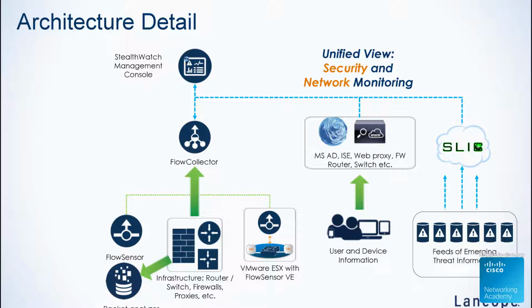We can also do PCAP. So we also have a packet capture device, which, in the interest of time, I haven't talked too much about. Once we detect an anomaly based on NetFlow, which is metadata, we can send a signal to the packet capture to start recording this and go back in time and get all the recording we had for this device, and then keep recording and do deep packet analytics on that as well.